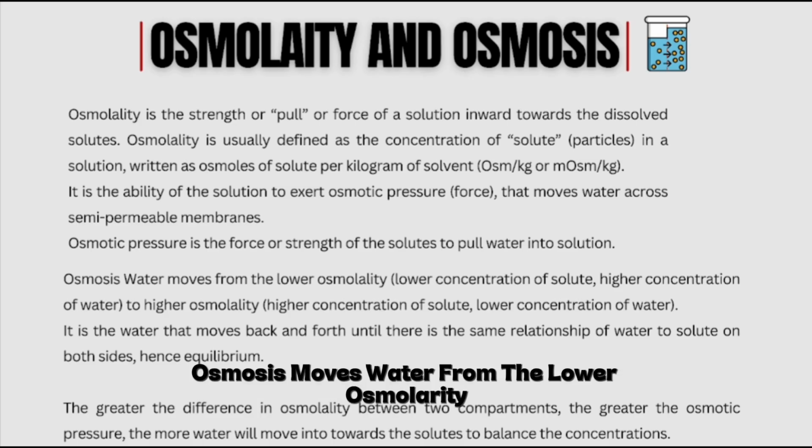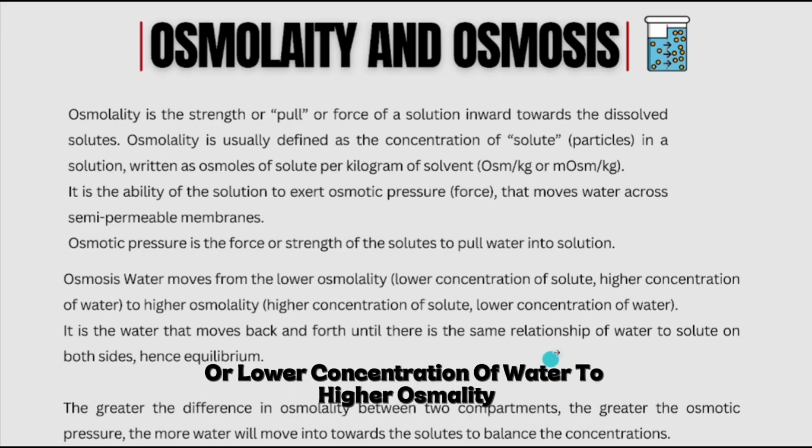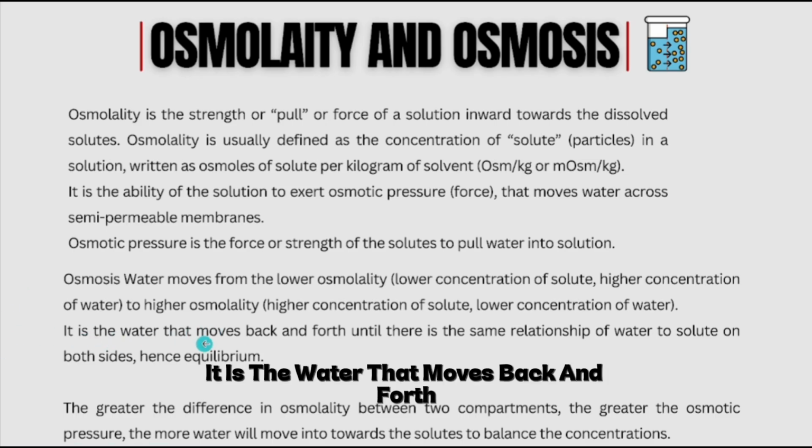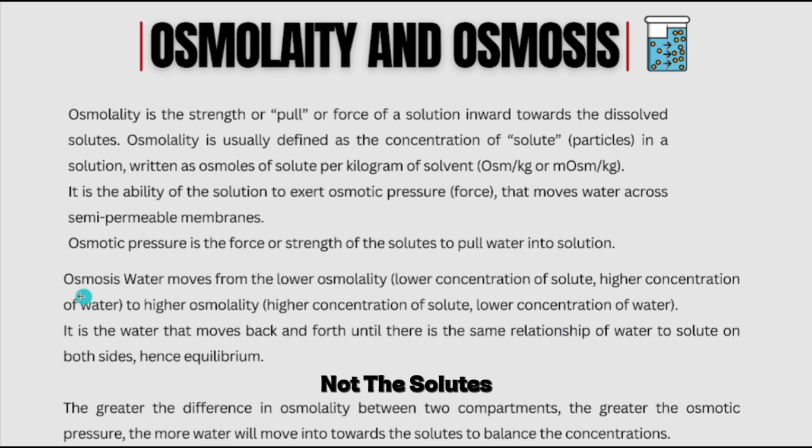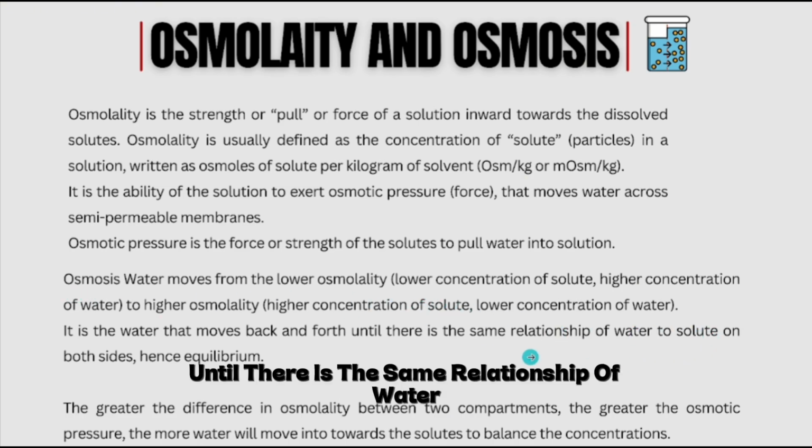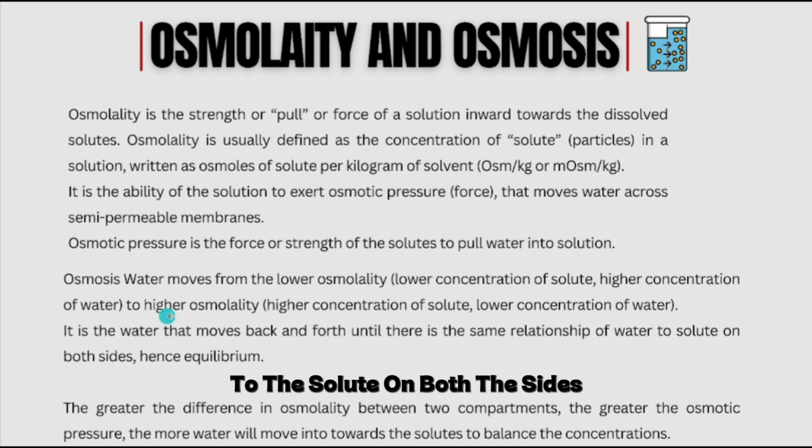Osmosis moves water from the lower osmolarity, that is the lower concentration of the solutes, or the higher concentration of water, to higher concentration of solute or lower concentration of water, to higher osmolarity. It is the water that moves back and forth, not the solutes, until there is the same relationship of water to the solute on both the sides.